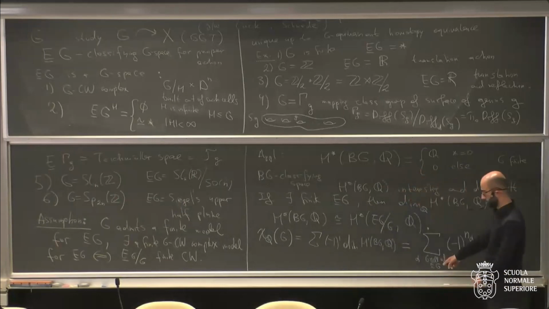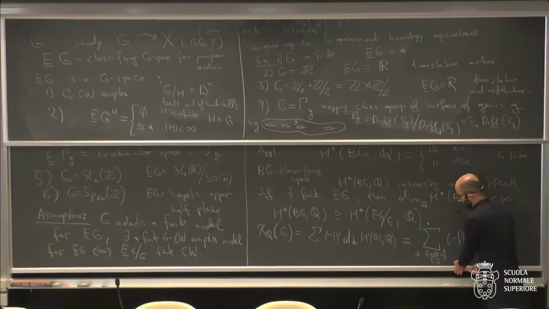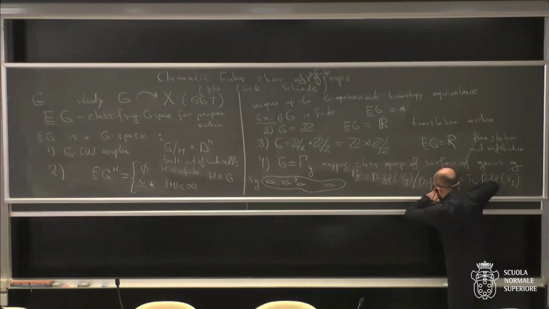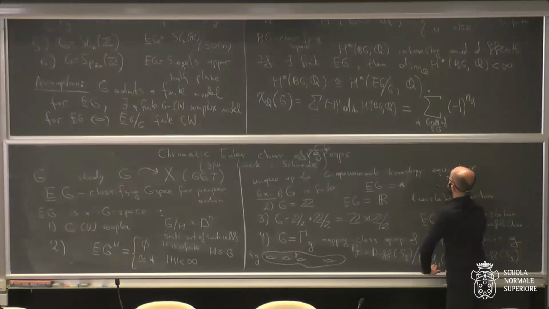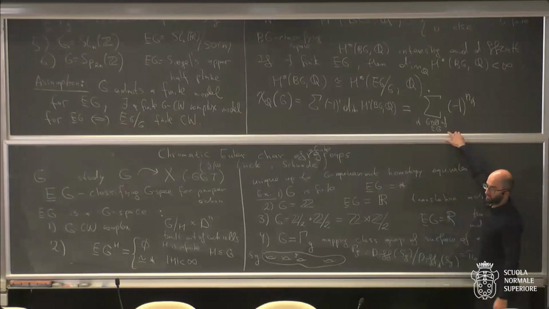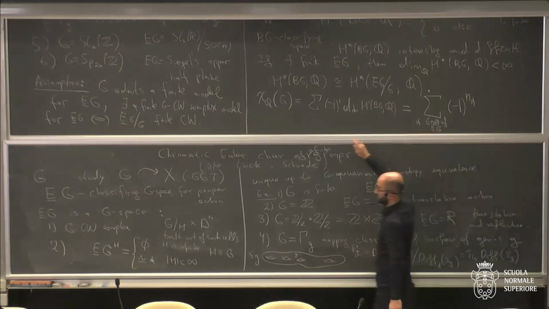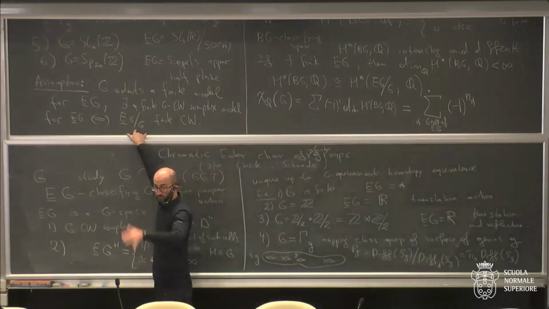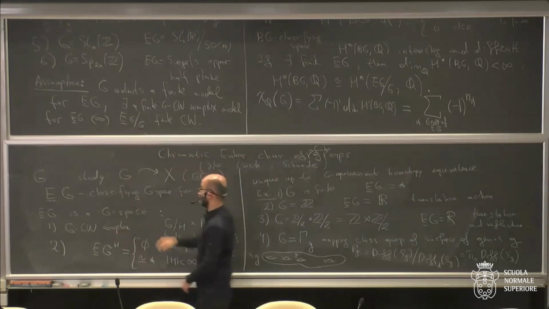I don't know, can you read this? G cell of E under bar G. I think I'll lift this up. So it's the G cells of E under bar G. So E under bar G consists of equivariant cells. There are exactly as many equivariant cells as there are non-equivariant cells for this, because I'm dividing the G out. So either you can number it on the non-equivariant cells of this or the equivariant cells of this.